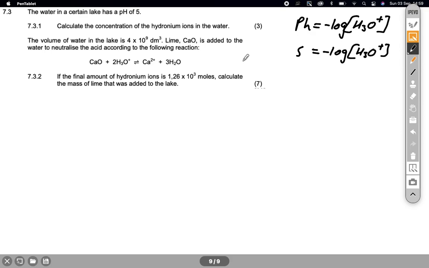Okay, then what you want to do at this point, you want to divide both sides by the negative. So you're going to have negative 5.7 this side equals log H3O+.